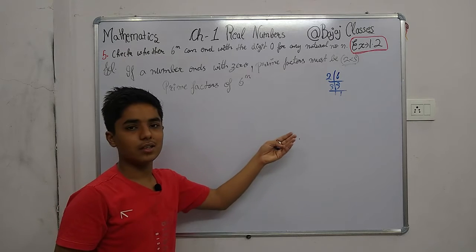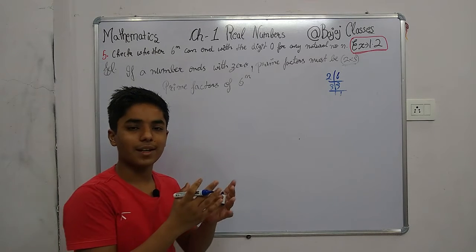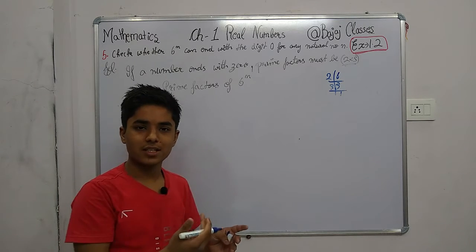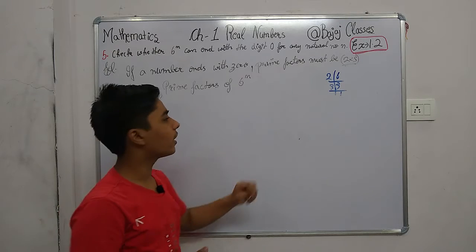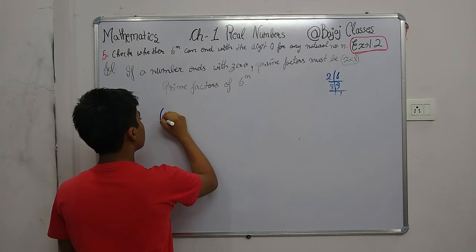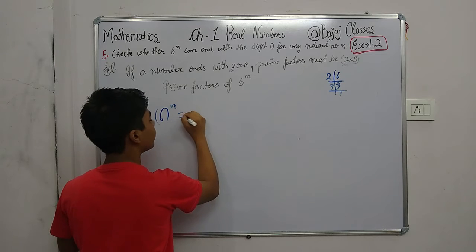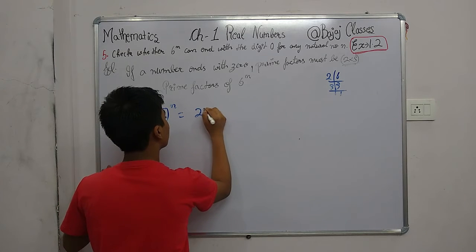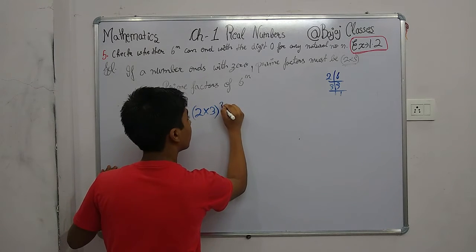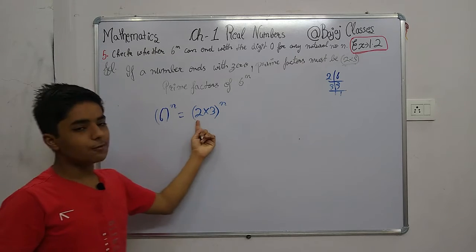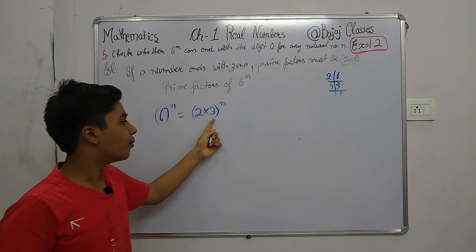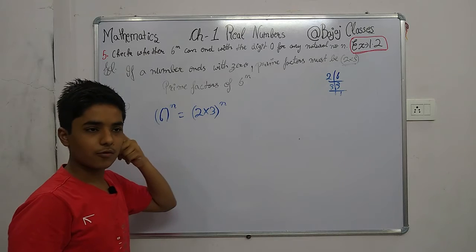We have learned in the fundamental theorem of arithmetic that we don't have to recognize the order, we just have to recognize the factors. So 6 is 2 into 3. In these factors, can you see 5? No, there is 3 in place of 5.